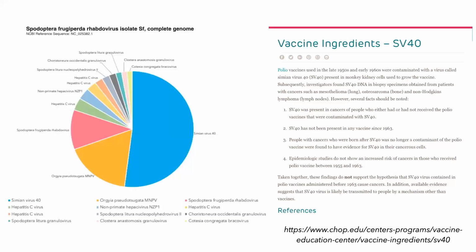What are those viruses? Here's an overview of some of those viruses. It includes SF9 rhabdovirus. It includes simian virus 40, okay? Simian virus 40 is SIV, kind of like HIV, but only for primates.